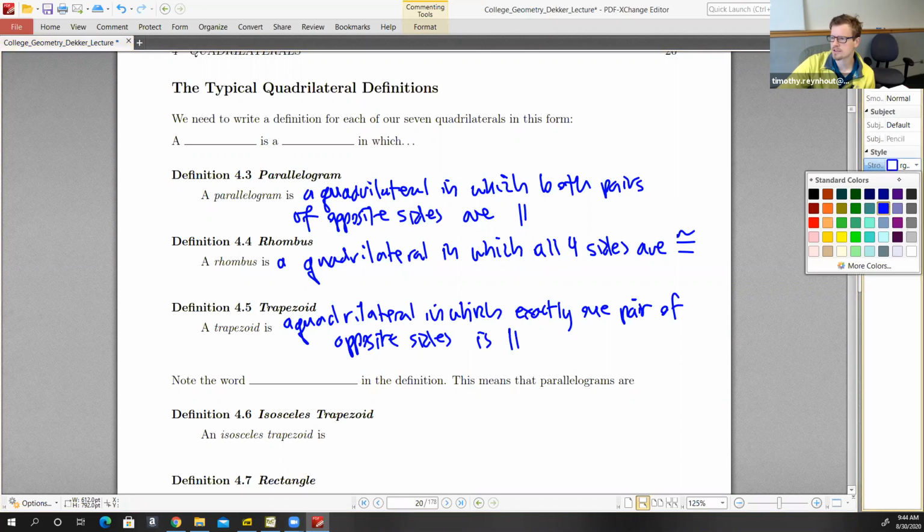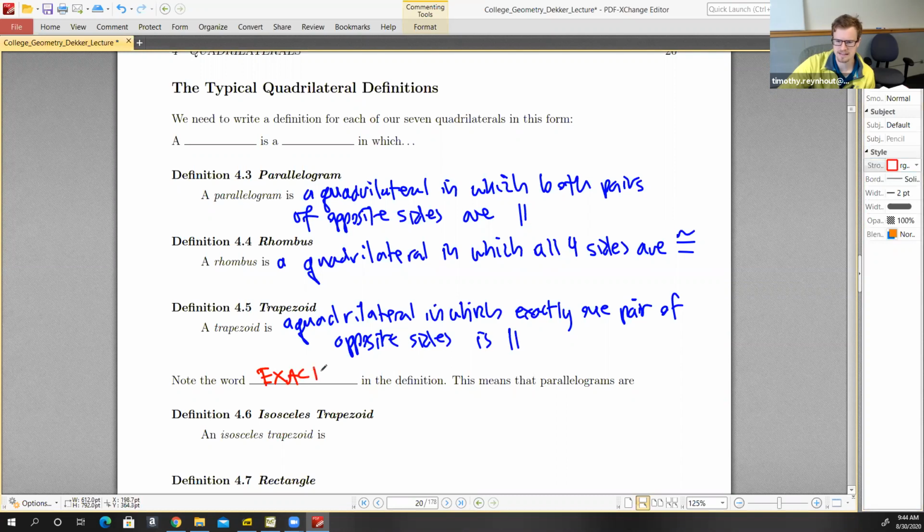And it's very important here that we notice the word exactly, right? We need to pay special attention to exactly. There's exactly one pair of opposite sides which is parallel.